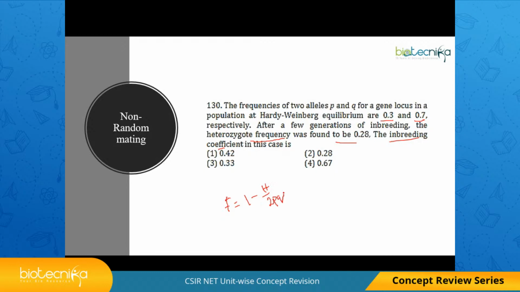So H is given to you, which is 0.28. 2PQ is given to you, 2 into 0.3 into 0.7. So you just have to solve it to get to the answer. These are very direct questions you get from this part. You just have to have a very clear concept as to why it is happening, how it is happening, in order to remember.